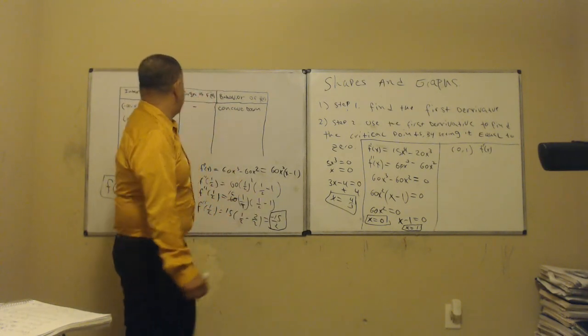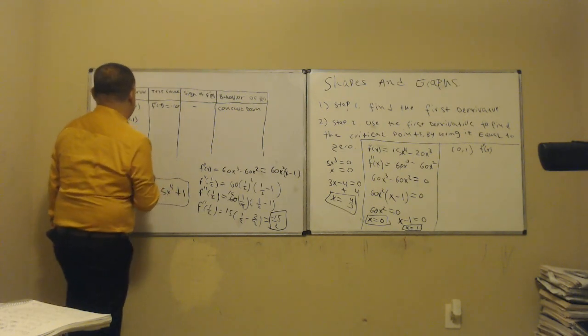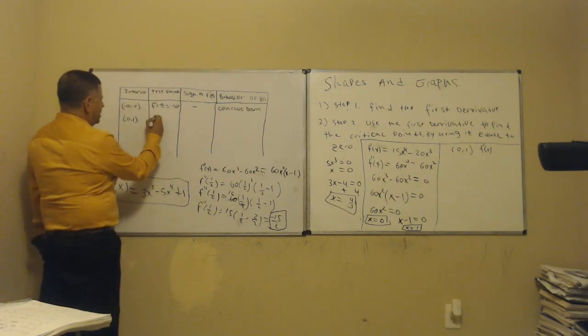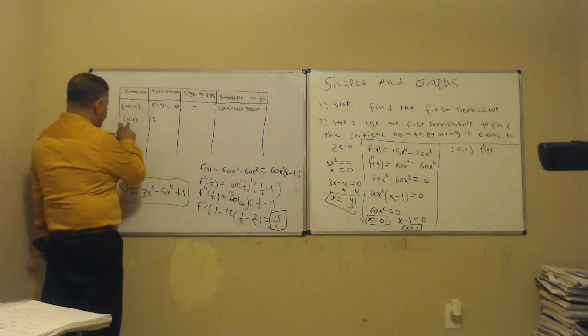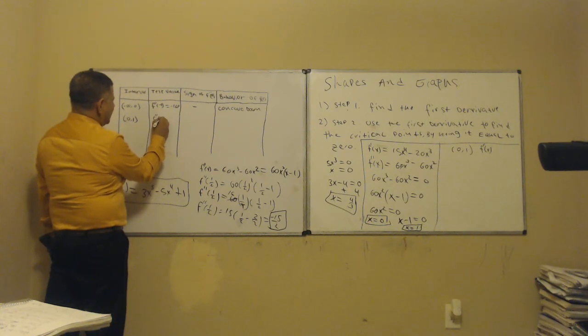So that means that this is, at this point, test point between 0 and 1, a double prime, right? So at 1/2, this is equal to negative 15 over 2.